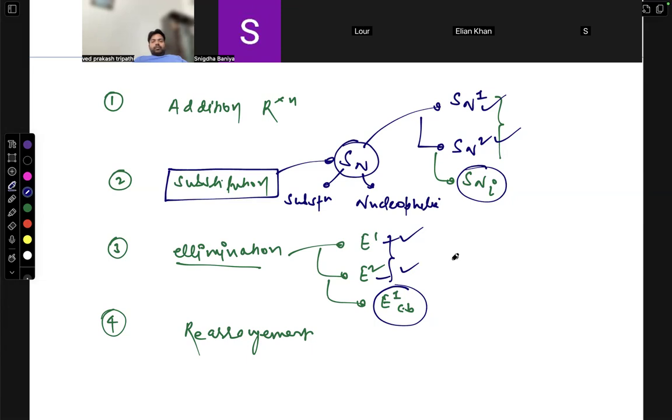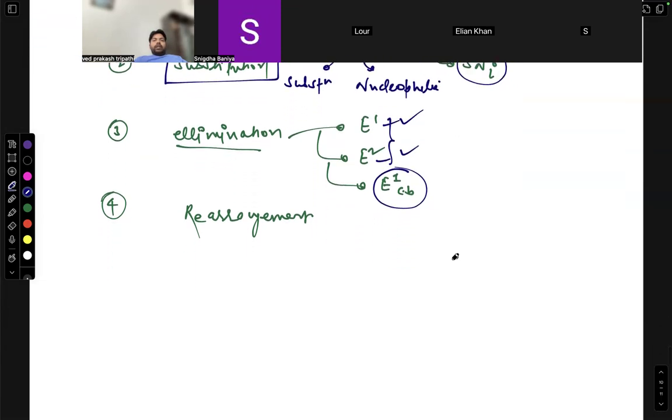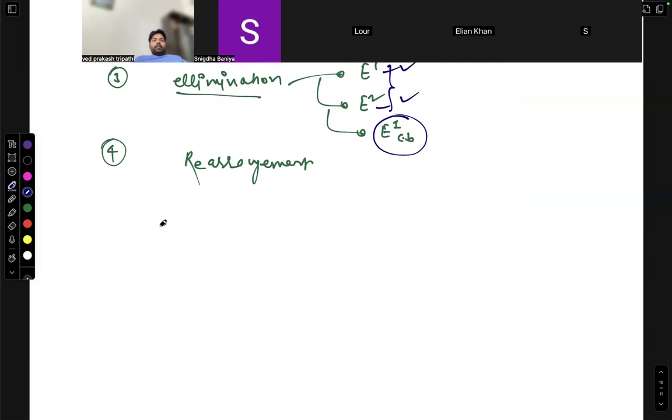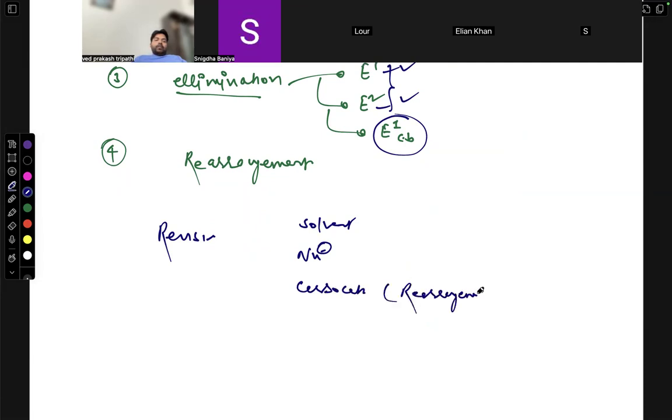Before moving to SN1 and SN2, I would like to say, please revise the solvents like polar protic and aprotic; second, nucleophiles, like the strength of a nucleophile, strong and weak; and carbocation rearrangement and stability.